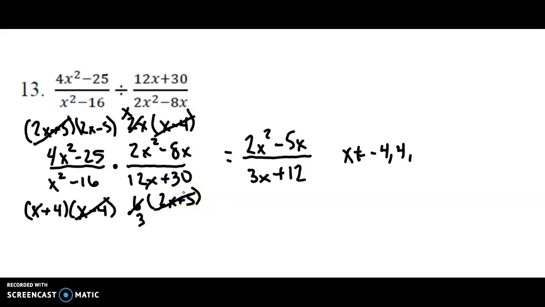I'm going to tell you that's going to be negative 5 over 2. And then going to my original denominator, which was this 2x squared minus 8x, I can check its factor. And I have a monomial here, so that would make 0, another excluded value. And this one here is positive 4, but I already wrote that. So those are all my excluded values. This is the answer.